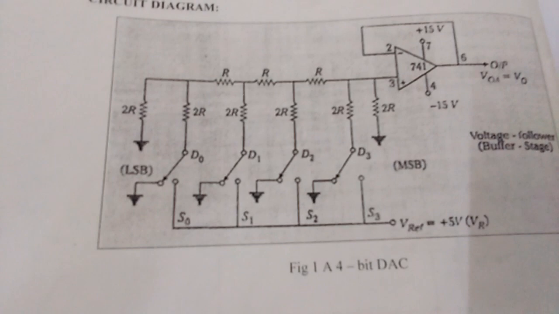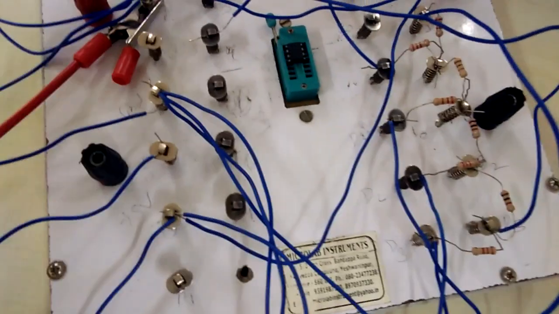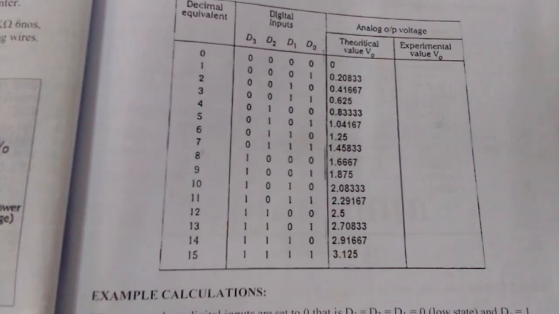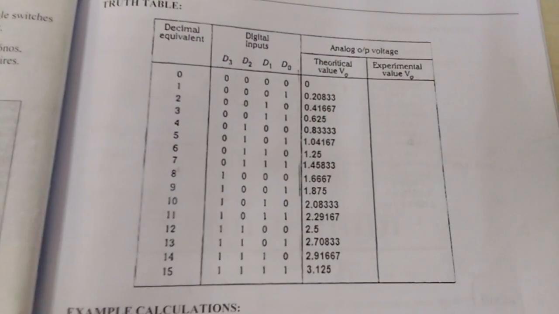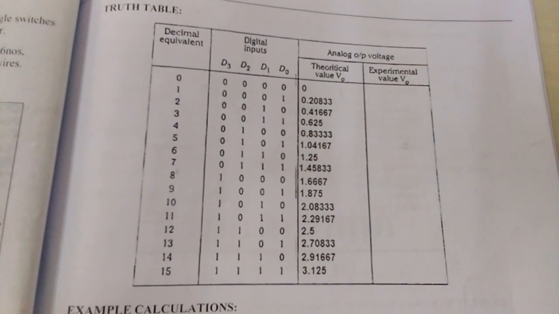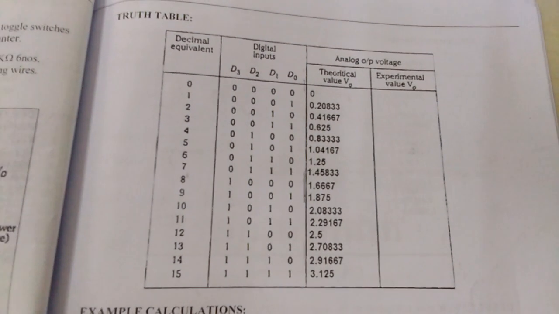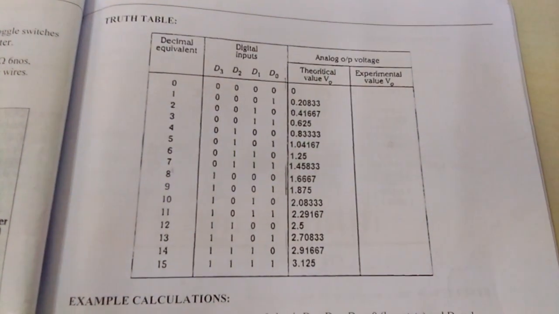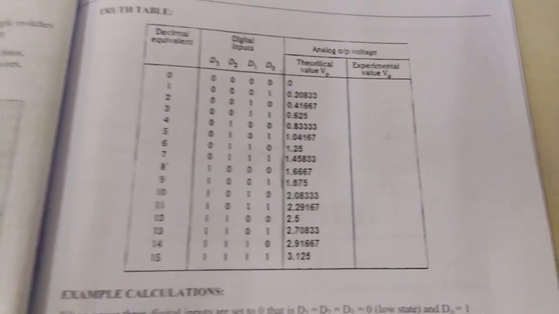So, we have given the toggle switches in terms of these connections. Our job is to see that the theoretical value for different combinations of the inputs D0, D1, D2, D3 should be the same as our experimental output measured with the voltmeter.